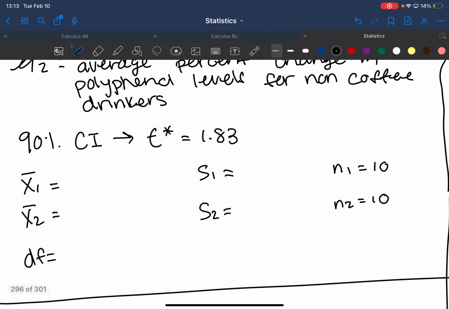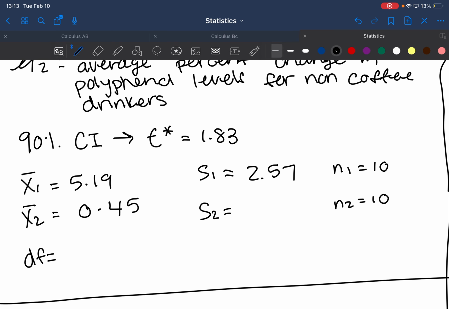For X bar 1, I got 5.19, X bar 2, 0.45, standard deviation 1 is 2.57, standard deviation 2, 2.69. The only thing I'm going to leave blank for now is degrees of freedom, and we'll come back to that in just a moment. Okay, any questions on communicate?